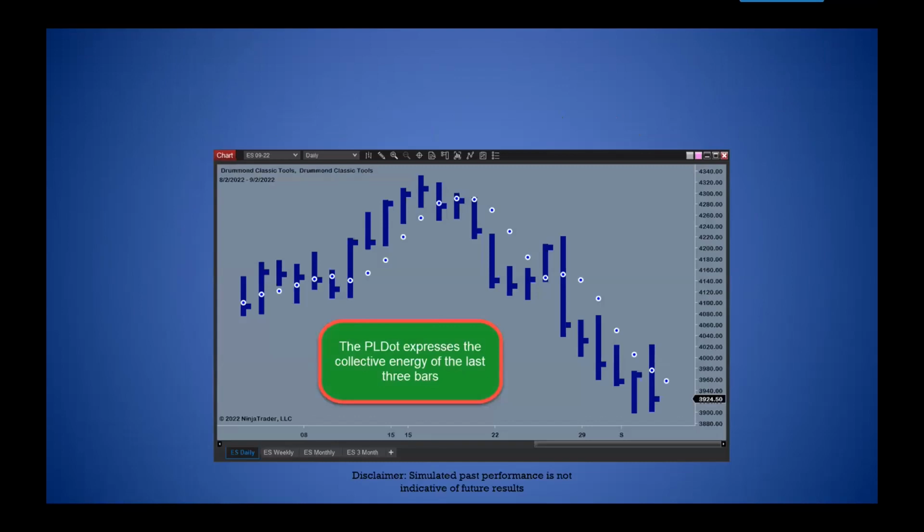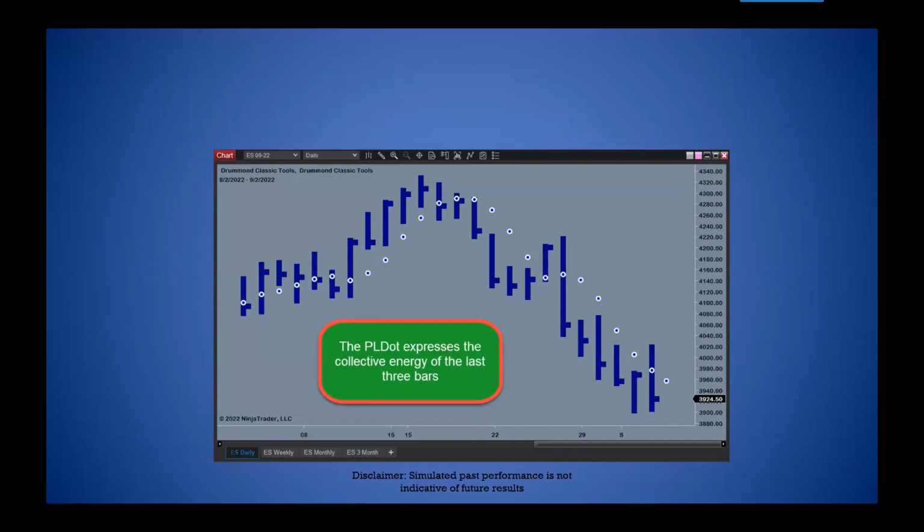And to take a look at the PL dot first, the point and line dot, or just the PL dot. We talk about this as an expression of energy. We're big on talking about market moves and price action as a reflection of energy, because that's really what it is.